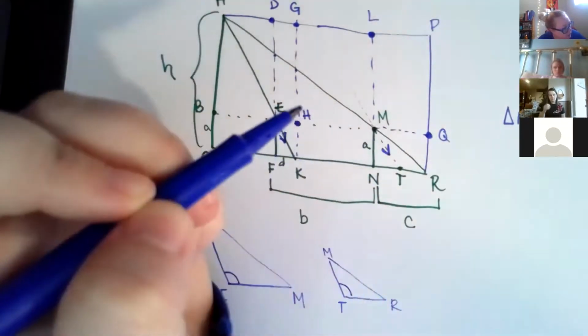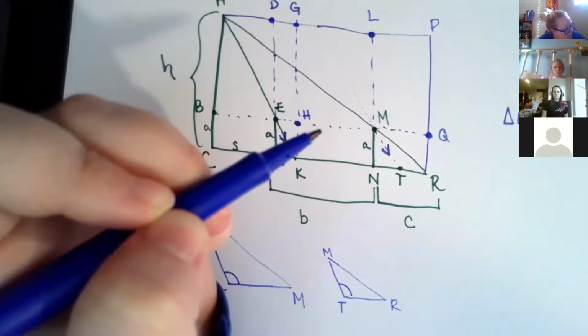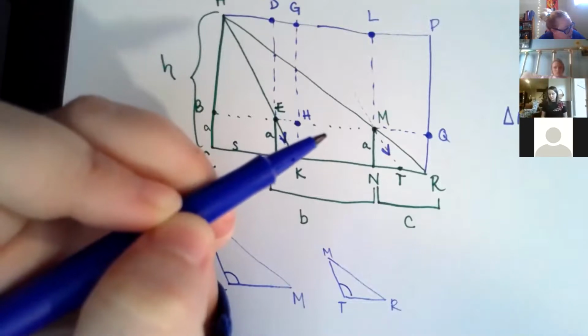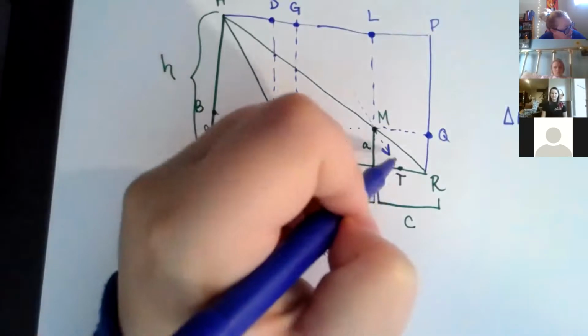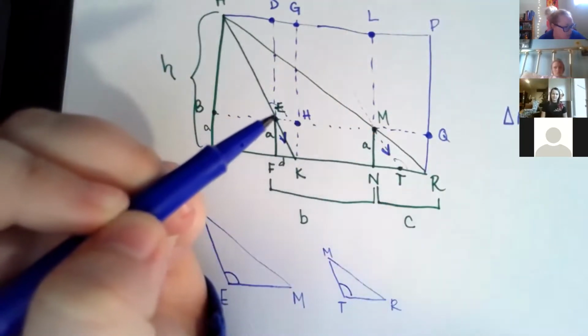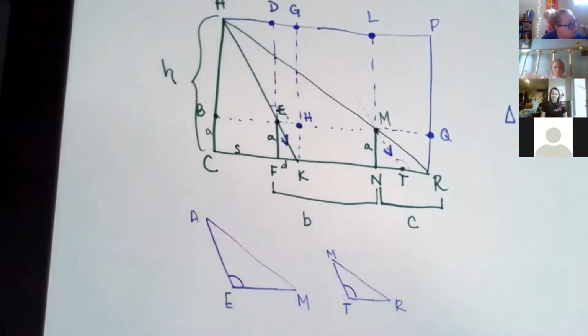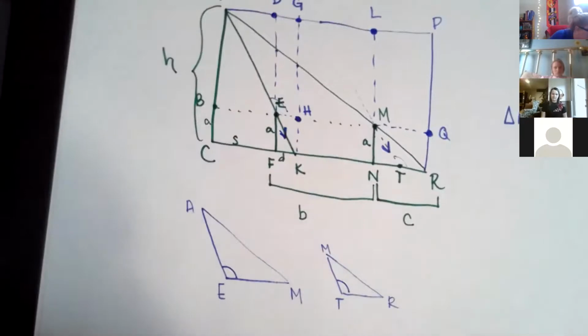Okay. Now, this angle is the same as that angle. Oh, I don't have a parallelogram. But it's like that one line. What is it?